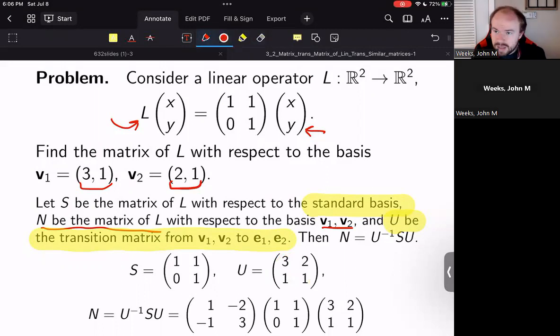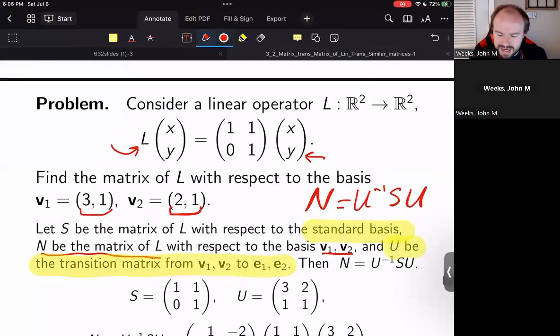Well, what did we say? We said that the matrix between the two new bases that we have, N, could be written as U inverse times S times U. That was the formula that we had before. Let's take a little peek and remind ourselves that this is the correct order by going back up to our slide above.